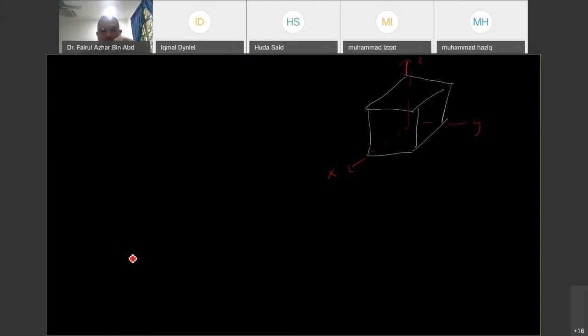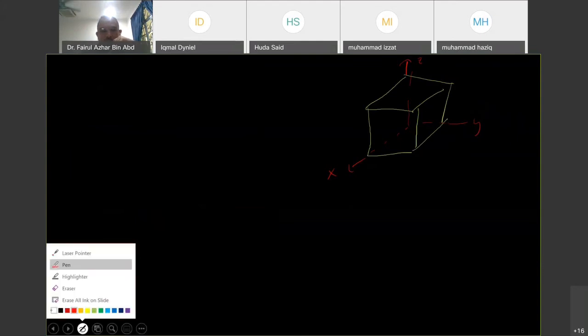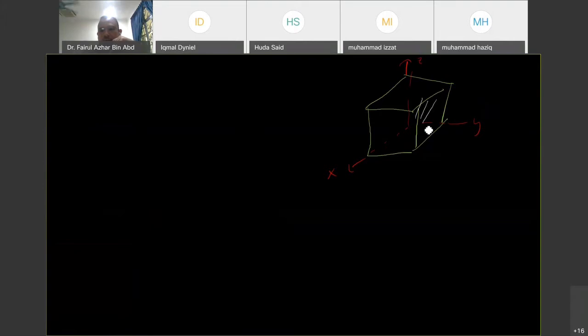We are performing the integration on this right side. Because the direction of the surface is positive y, we need to perform integration with x from 0 until 2. So x changes from 0 until 2, and z is from 0 until 2 as well.